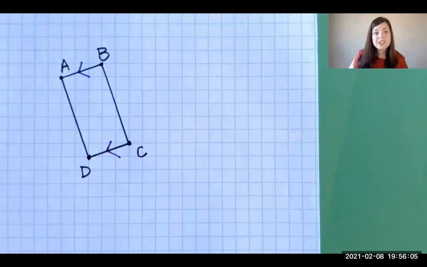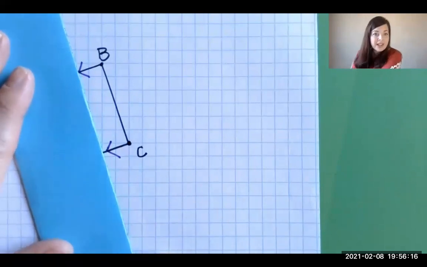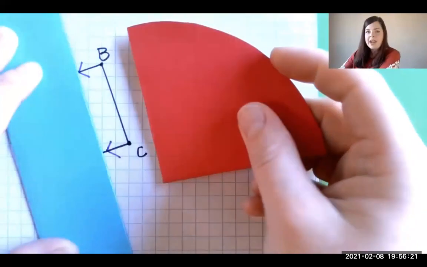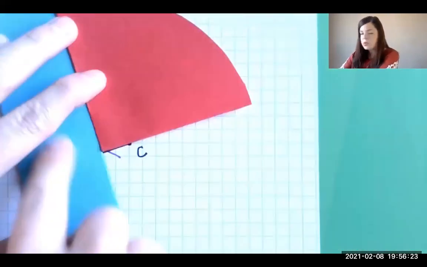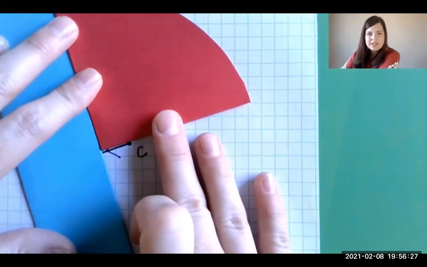Now, to be sure though, let's check to make sure they're parallel using our right angle template. Do you remember what to do? We'll place our straight edge perpendicular across the 2 line segments and then line up our right angle template, one edge with the straight edge and the other side, line it up perfectly with one of the segments.